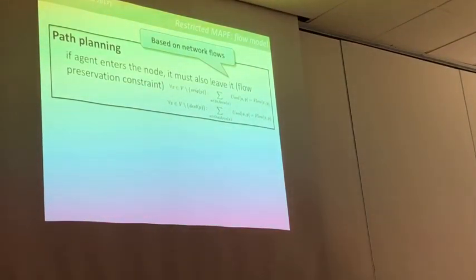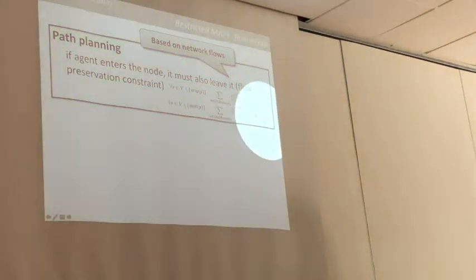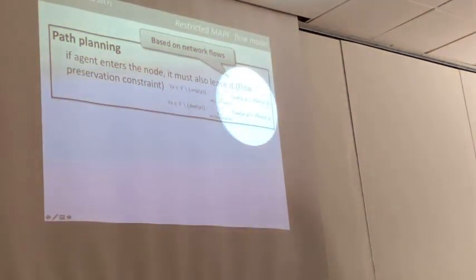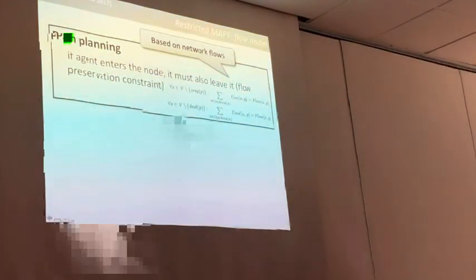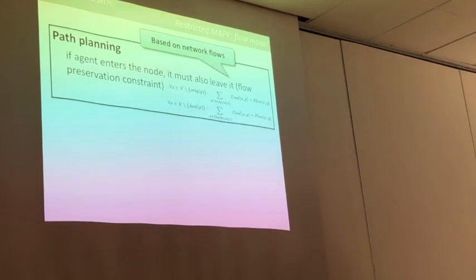And the flow model is basically saying that if the agent is using some node P, then it must enter that node. Okay? So it must use one of the arcs going there. And because these are 0, 1 variables, this constraint is basically saying that it will use exactly one arc to enter it. Okay?